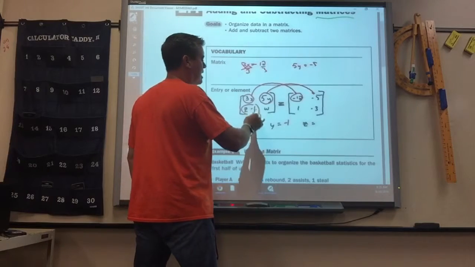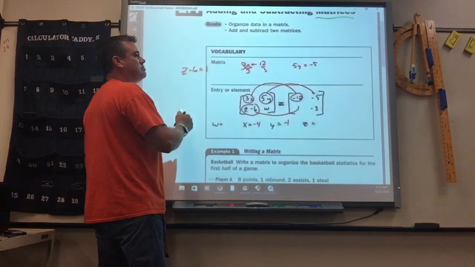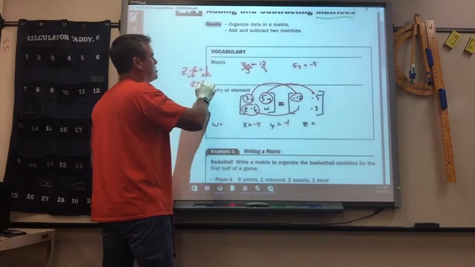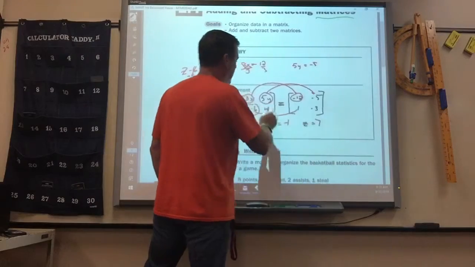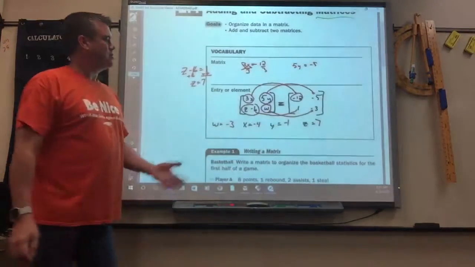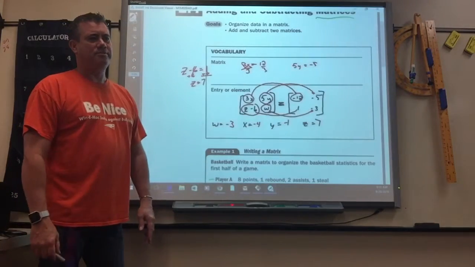Z minus 6 has to equal 1, so add 6, and you get Z equals 7. And then W is negative 3. So it looks confusing when you first look at it, but when you realize all you've got to do, it's simple. Okay?